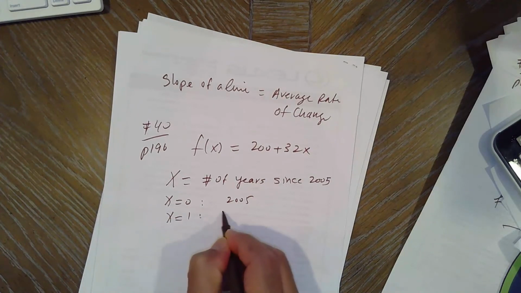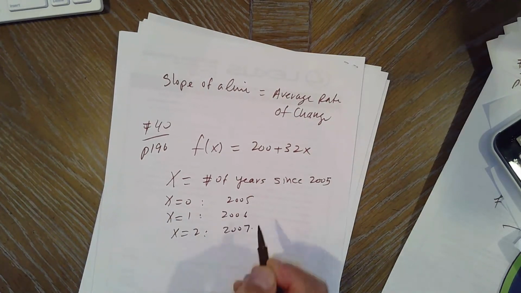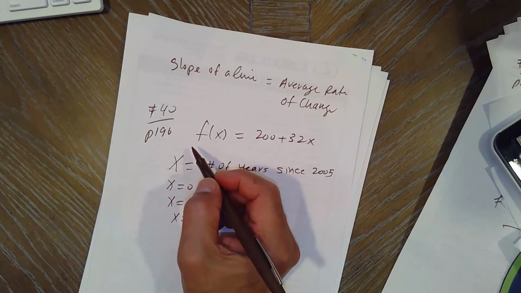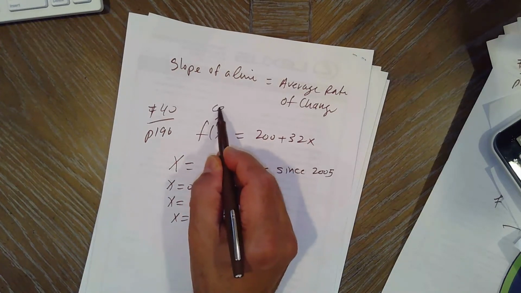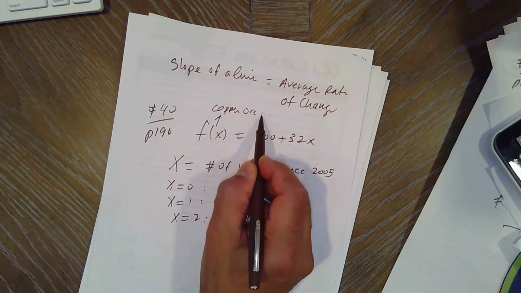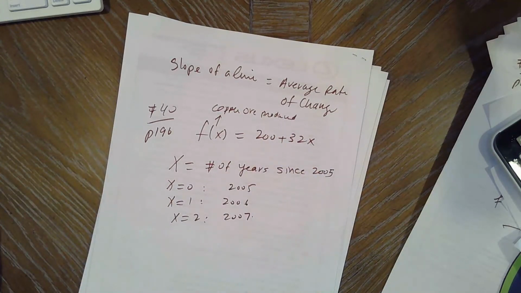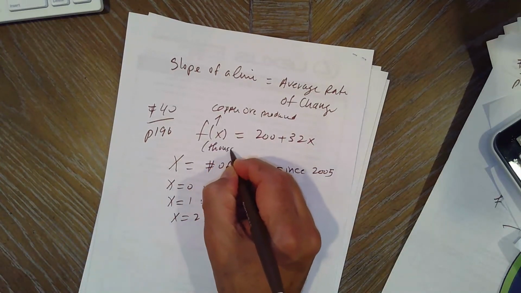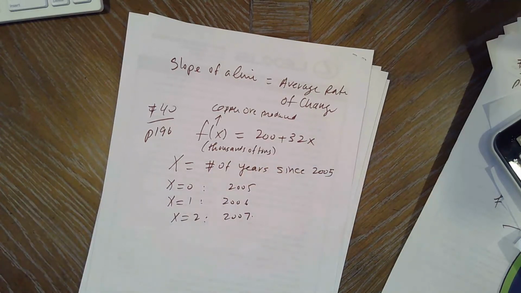X equals 1, that's 2006. X equals 2, 2007, and so on. F of x is the amount of copper ore produced in Arizona, and f of x is measured in thousands of tons. And x is the years since 2005.